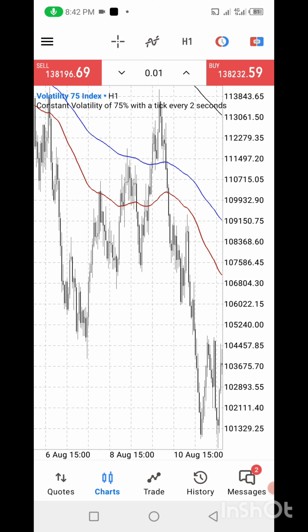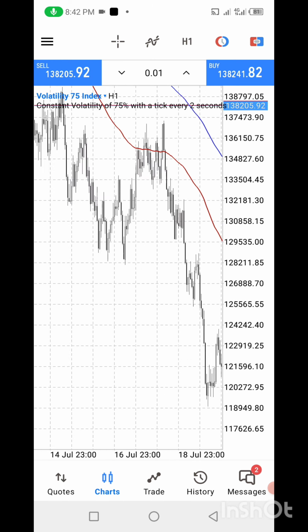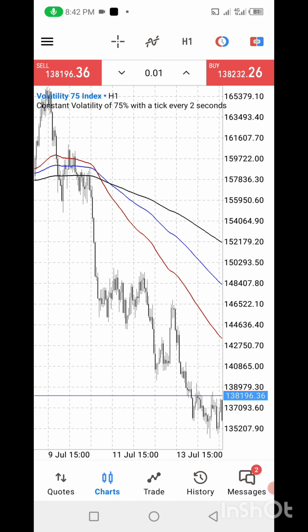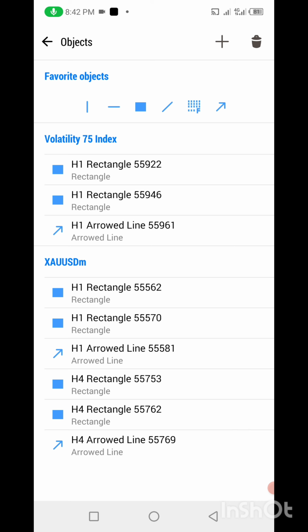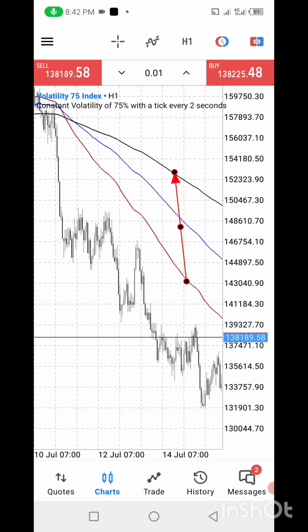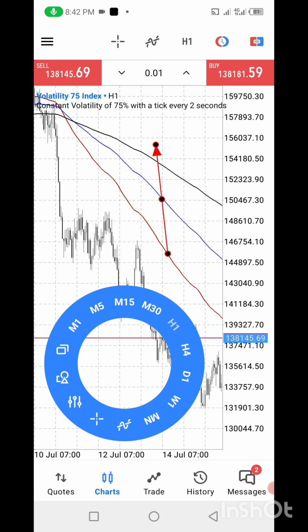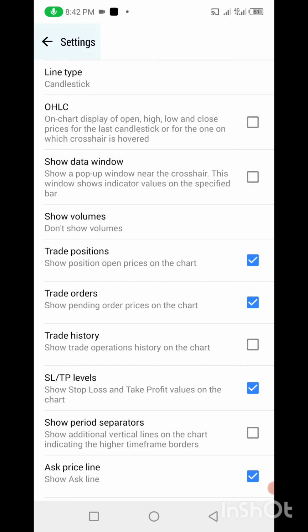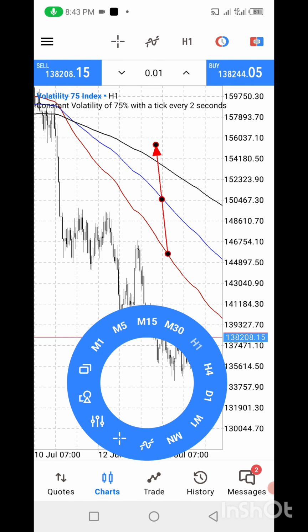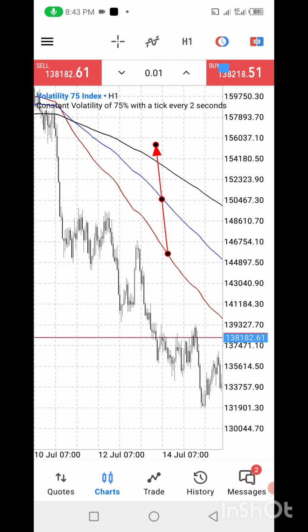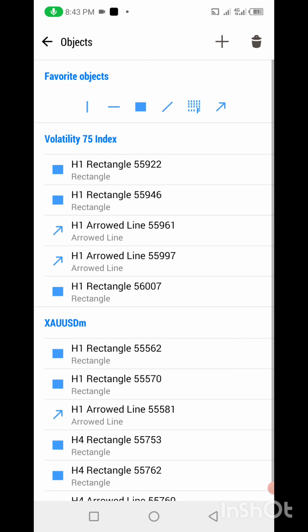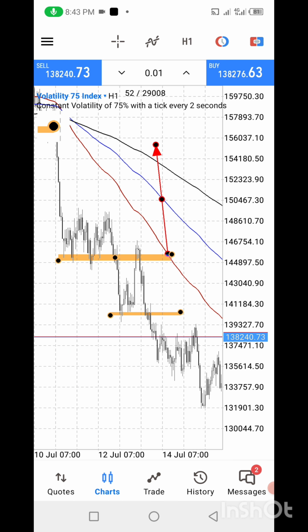Let's try more scenarios, maybe during a downtrend. This market is in a downtrend because the black is above the price action. We have a break of structure here, a break of structure here, then we consider another break of structure here.